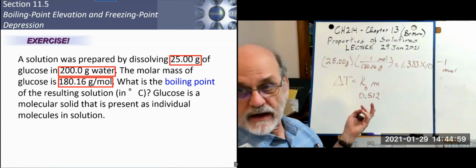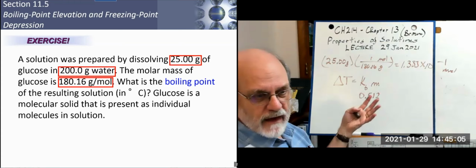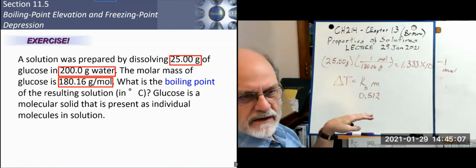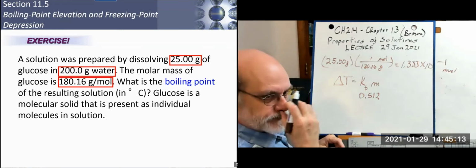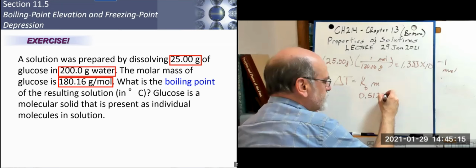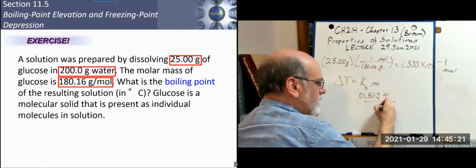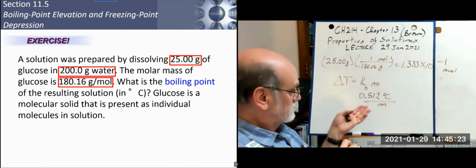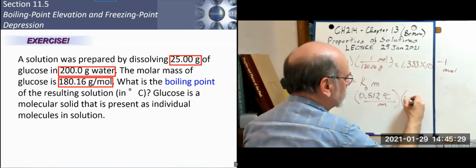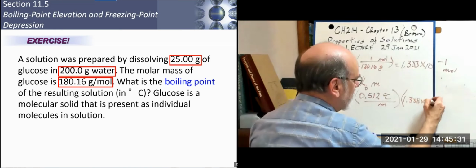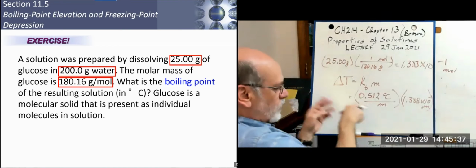Now, what are the units on that constant? Because the units are going into the calculation too, and we don't want to end up with the wrong units in our answer. So as it turns out, this is degrees centigrade per molal. So the molality is 1.388 times 10 to the minus 1 molal, and that will give us our temperature.